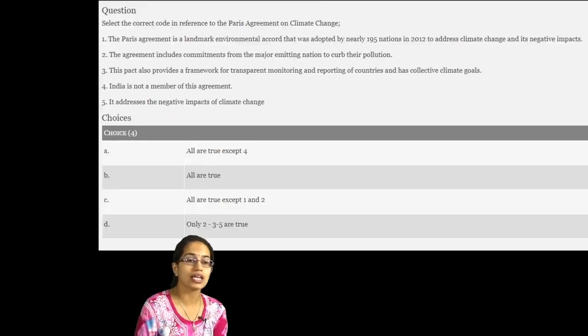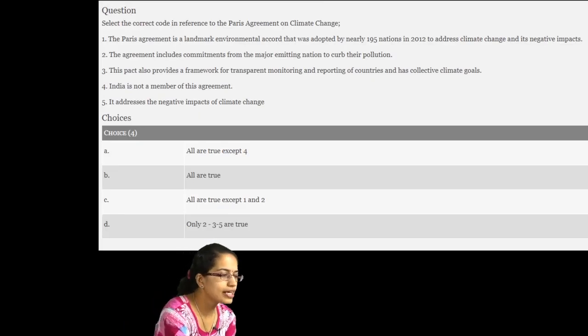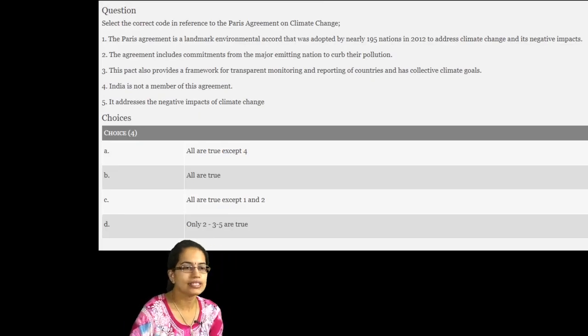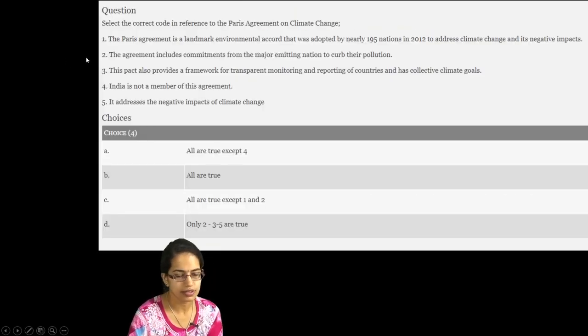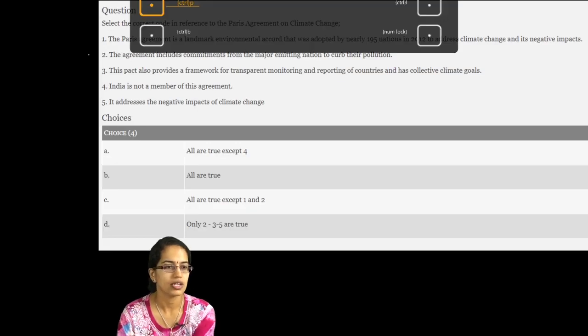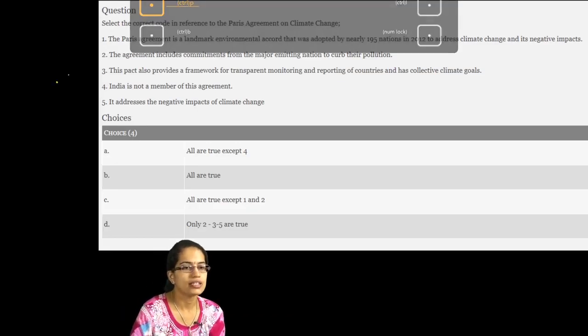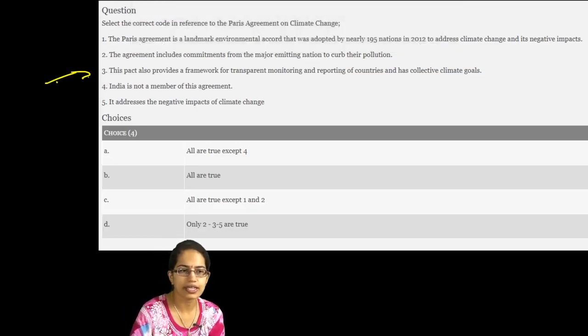The next question is regarding Paris Agreement. Now here, what we are trying to understand is Paris Agreement is important in terms that we are trying to understand that it's a framework for monitoring and climate change. India is a member to it, so fourth statement is incorrect.